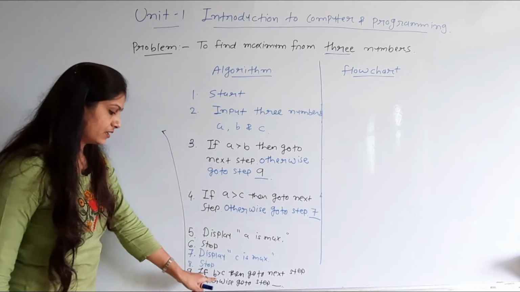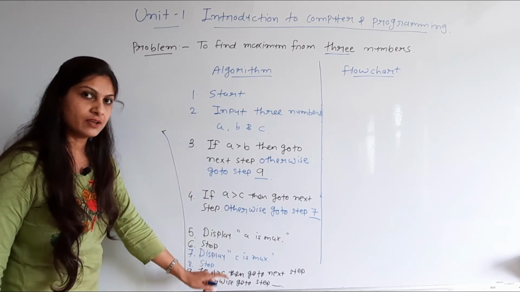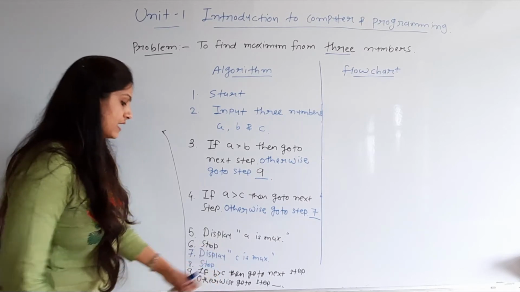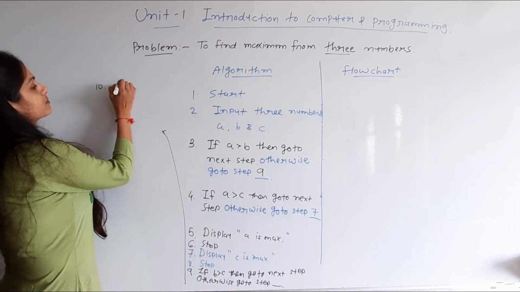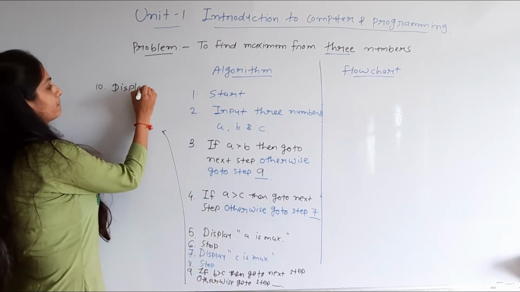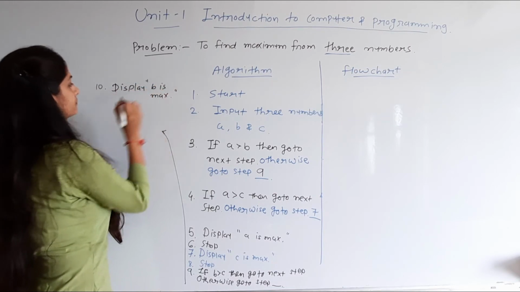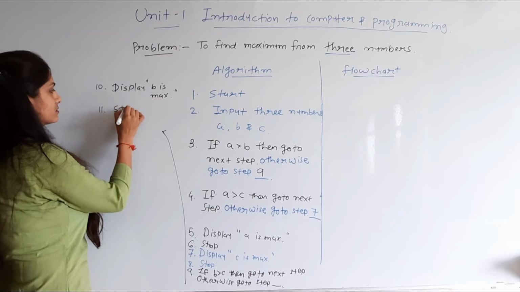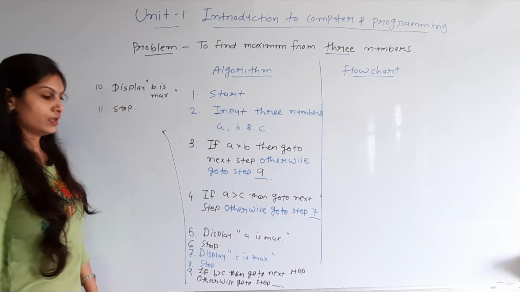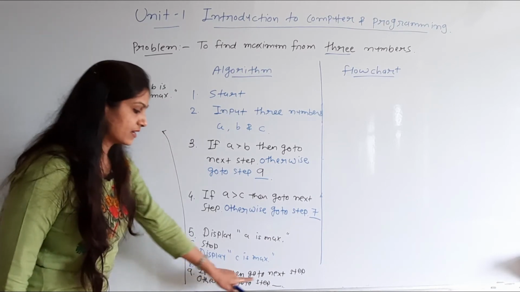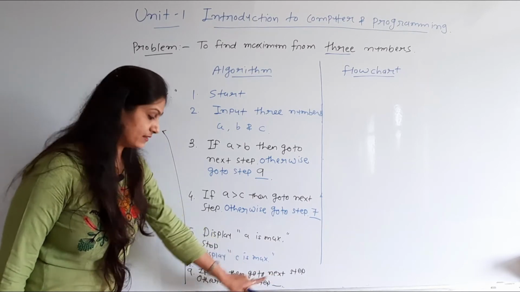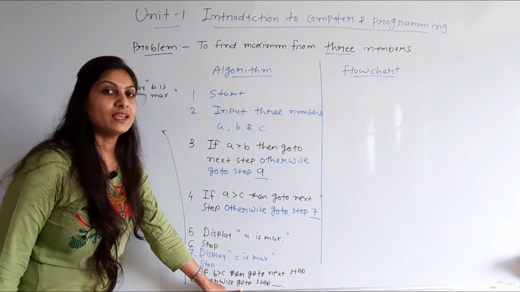After 9, now we have to check whether B is greater than C. Yes, then our answer is display B is max. And the 11th number is stop. But the otherwise part has some step missing, and what is that? C is our answer.